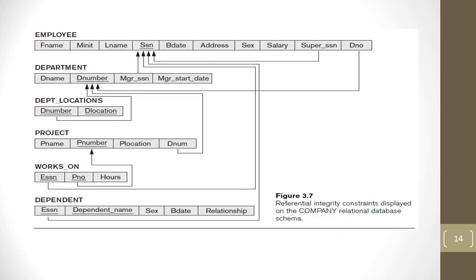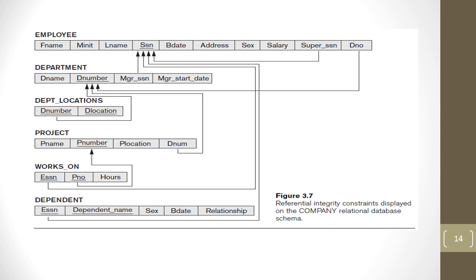So this diagram here is an example of a relational schema with the referential integrity constraints displayed. As you can see, as I was talking about the department locations table or relation, D number is a foreign key in department.